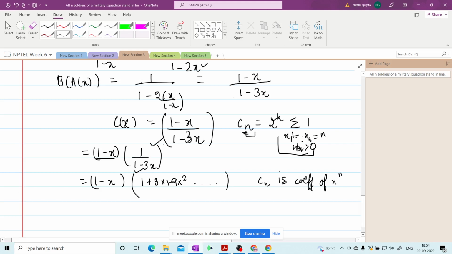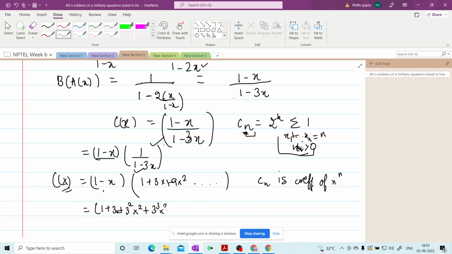And this is also C(x). So what is the coefficient of x^n here? If we further open it out, we have 1 plus 3x plus 3 square x square plus 3 cube x cube and so on, minus x times (1 plus 3x plus 9x square and so on).